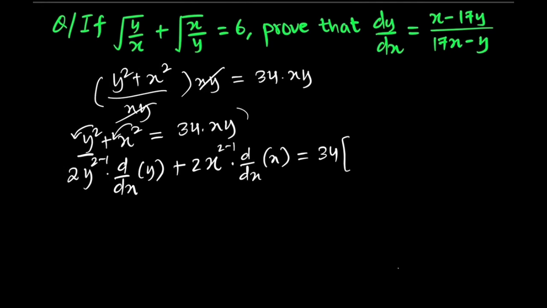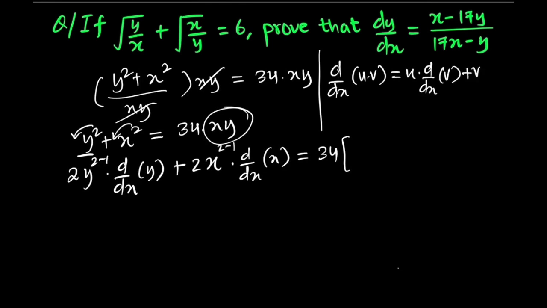And now you differentiate this x times y, which follows the product rule of differentiation, which says d over dx of u times v means you'll keep u as it is and differentiate v, plus v as it is and differentiate u. So in this case, x is your u and y is your v. So follow this rule and differentiate.